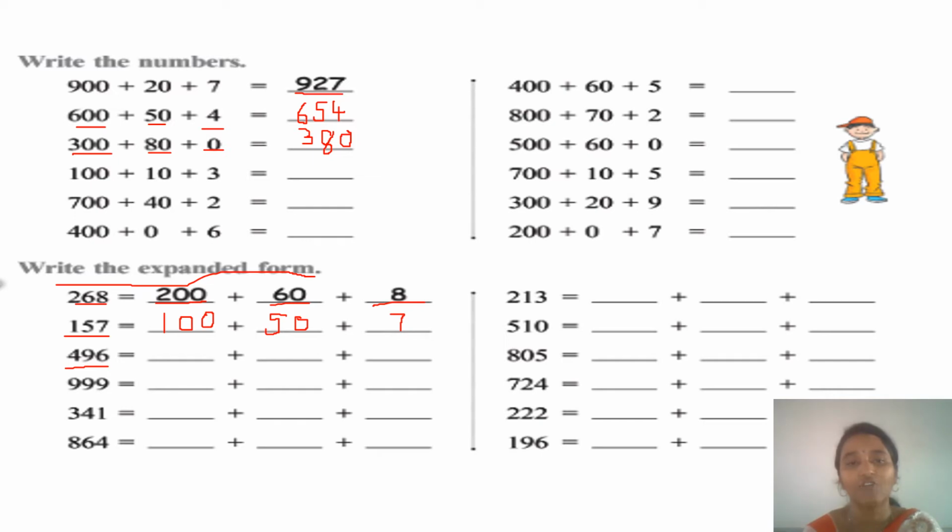Place value of 4 is 400. Next, 96. Place value of 9 is in tens place, 90. And in ones place, what is there? 6. So I am writing 6 over here. Like this, you have to solve the remaining sums which I am leaving for your assignment.